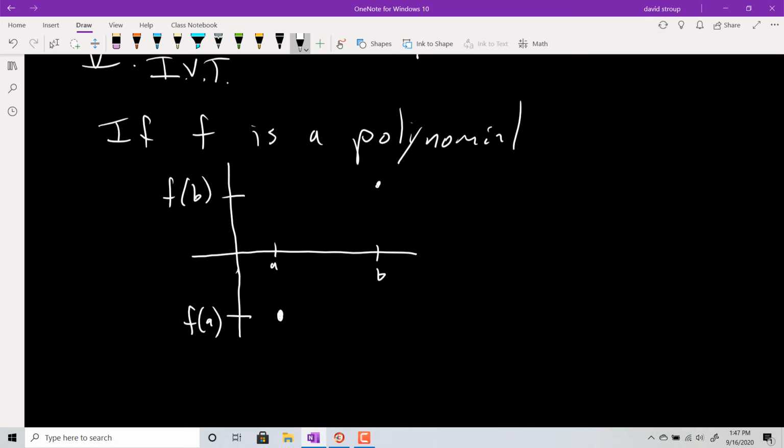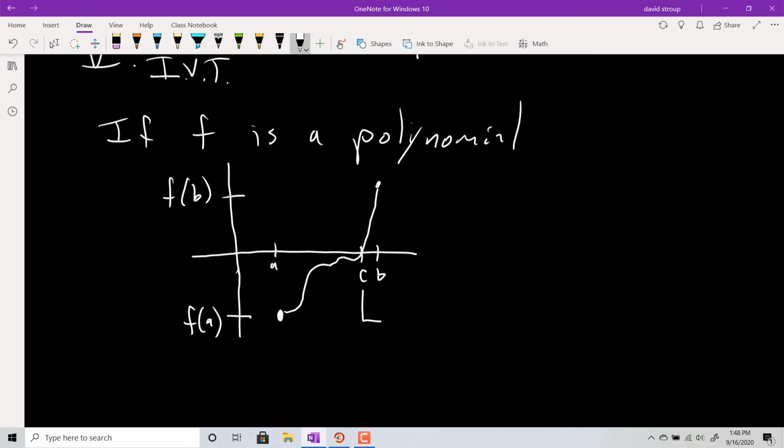If you have f of B on the other side of the x-axis, you know that it's ultimately going to go through the x-axis eventually. It has to, because it's a polynomial.